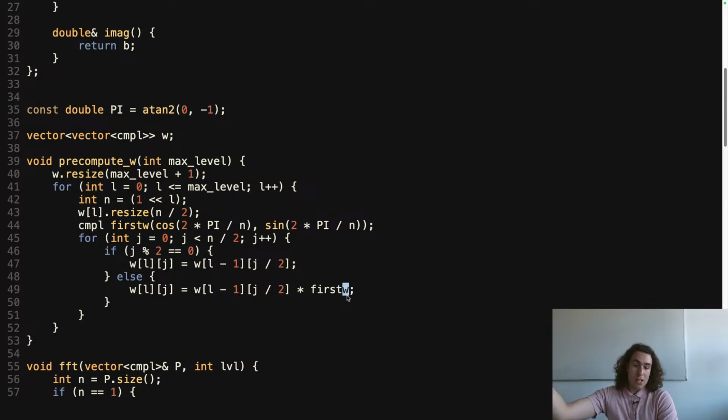And because we have log levels in total, every value that we calculate is going to be a product of only log n different values. And that is not bad. If you actually try to implement this and compare, the precision error is going to be small enough that it's not important for our computations.